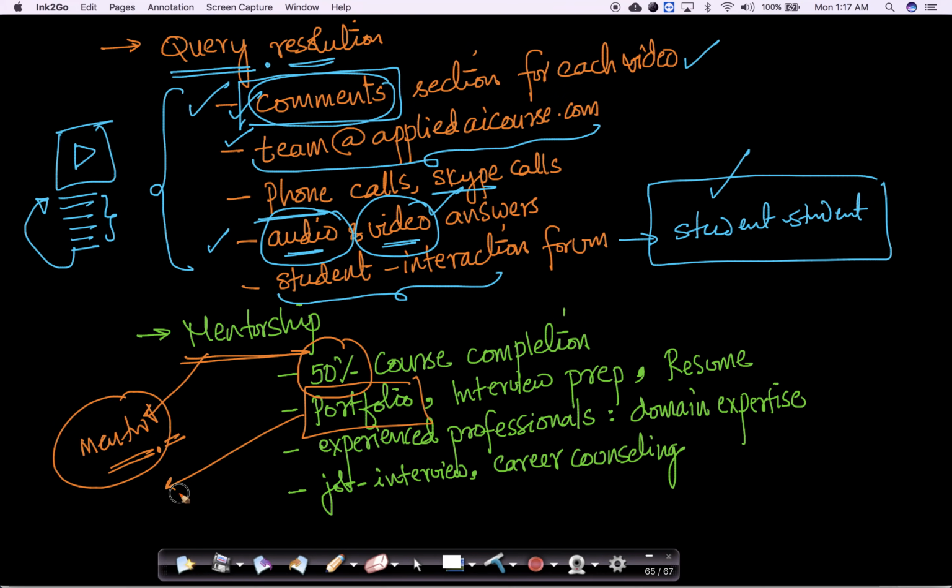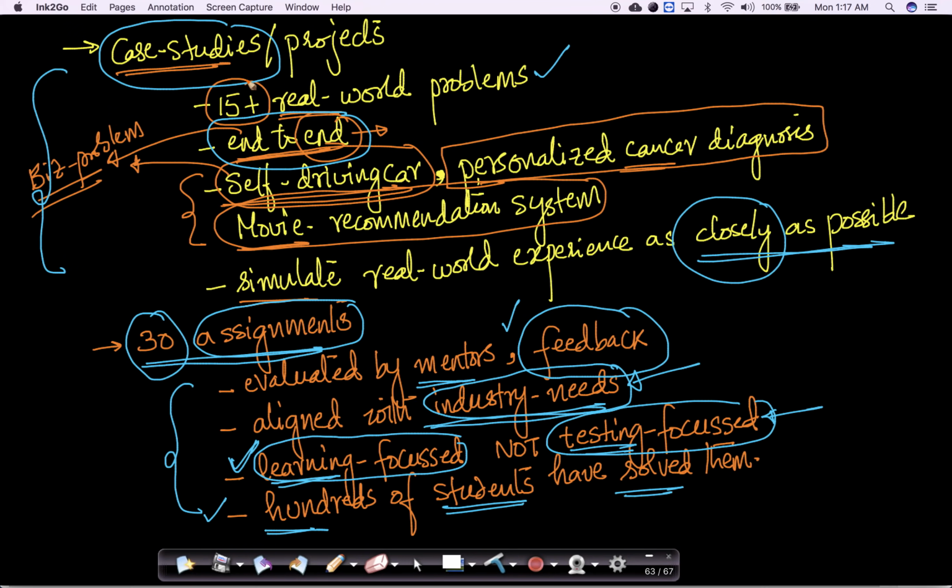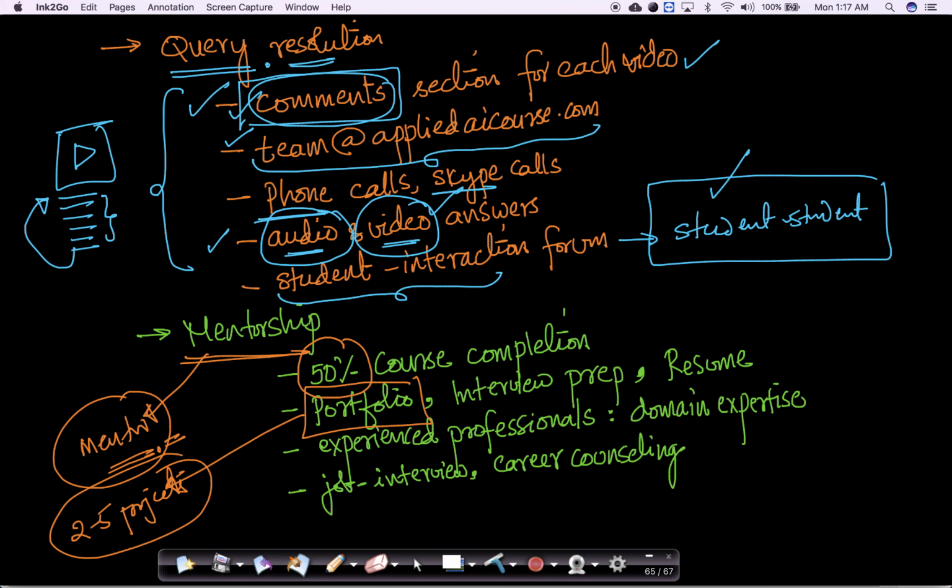A portfolio is nothing but two to five projects that you would do on your own with our help and mentorship. These are in addition to the 15 case studies that we've discussed here. These are problems that you would solve.